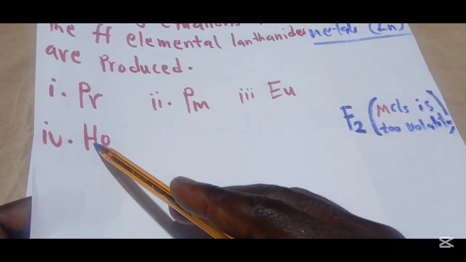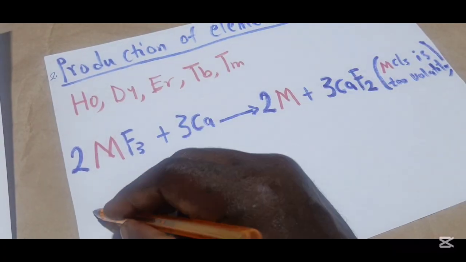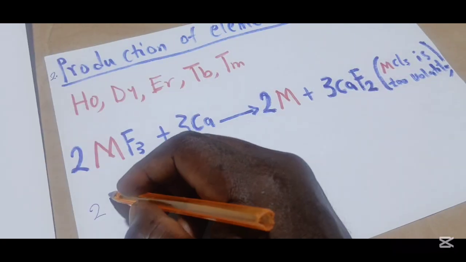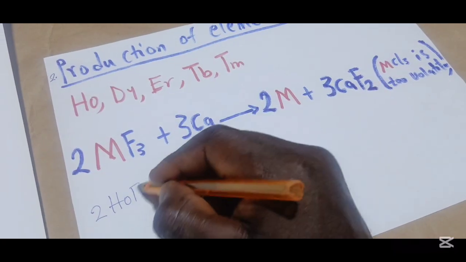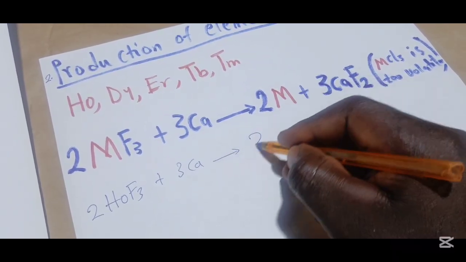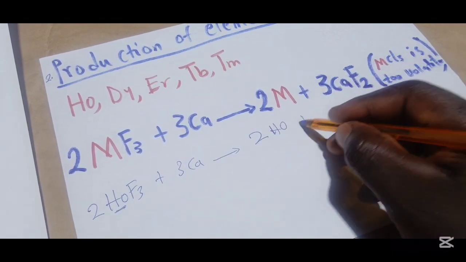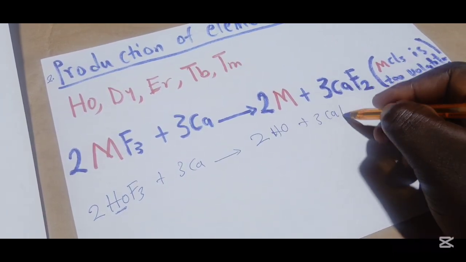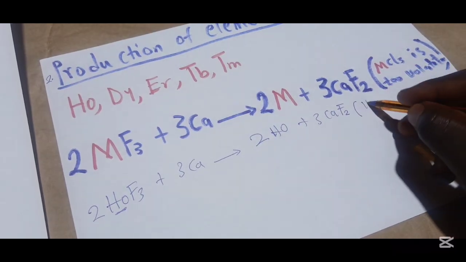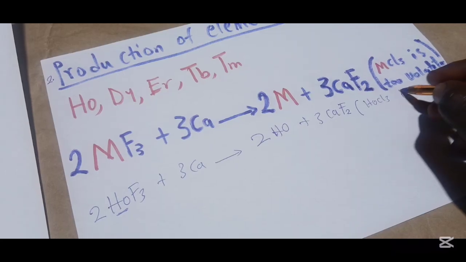So to show how this is produced elementally, we write 2M, and wherever we see M, we replace it by Ho: 2HoF3 plus 3Ca equals 2Ho, holmium, plus 3CaF2. HoCl3 is too volatile.